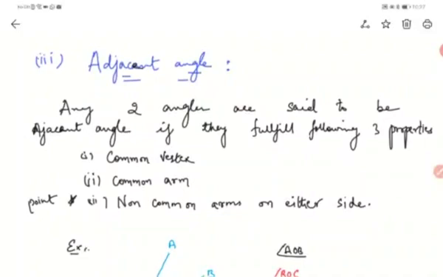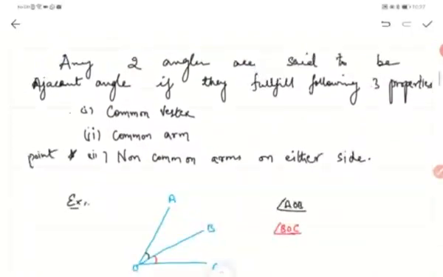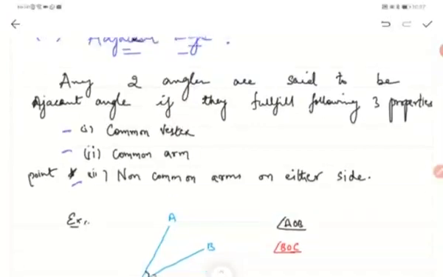Okay, so now supplementary and complementary is clear for you. What is an adjacent angle now? Two angles are said to be adjacent if they have these three properties. First, the two angles which are forming should have a common vertex.